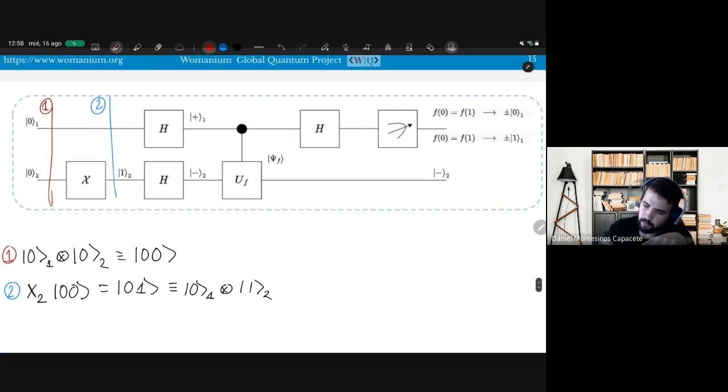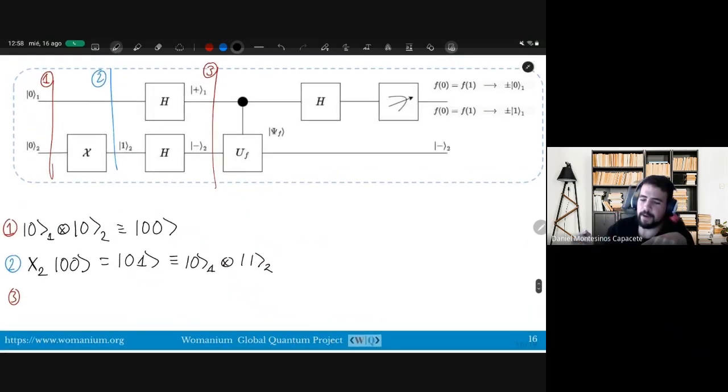All right. Now at this point, the three, right? We have applied a Hadamard gate on both qubits, and remember that the Hadamard gate takes 0 to the plus state and takes the one state to the minus state.